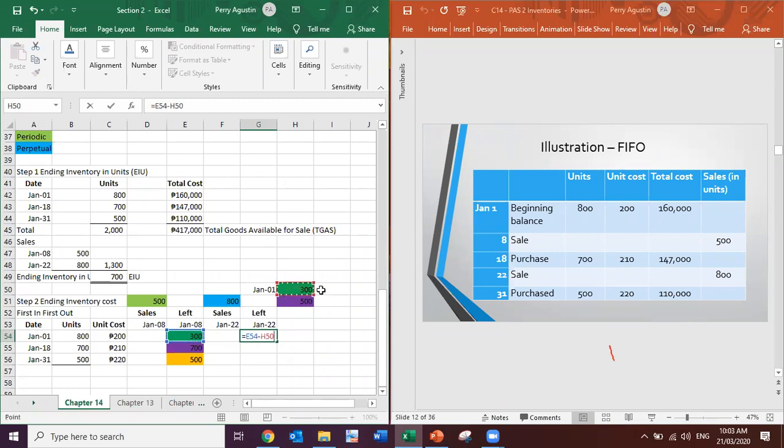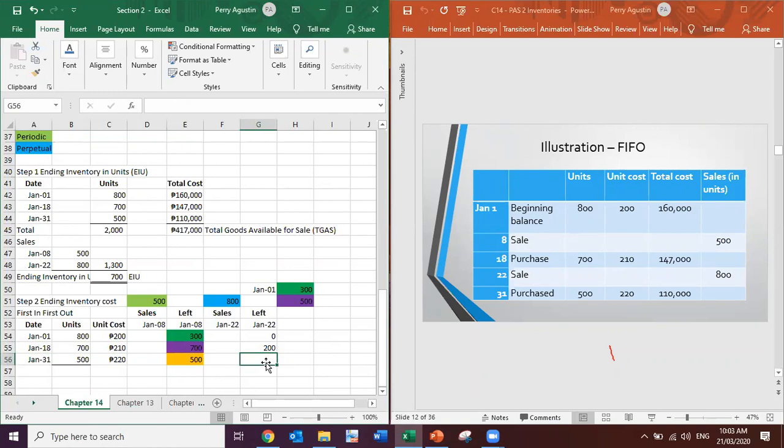Because kasi yung first 300 ma-apply sa January 1. So ilan na lang yung natira as of January 22? 0. Then for our January 18 inventory, ilan na lang yung natira? So 700 minus 500. Yes. So tama ka. That is 200 left. All right. Yes, you were right, Alisa and Eric. So what is left for the January 18 inventory is 200.